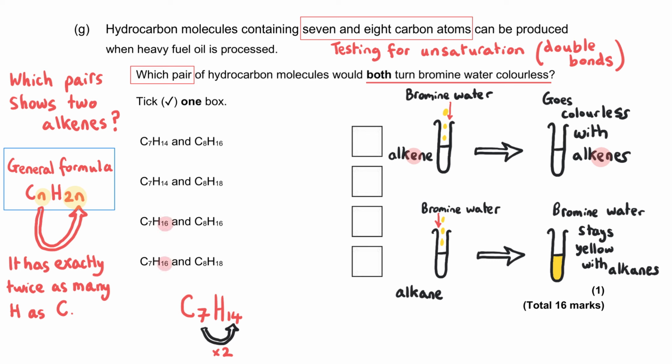That allows us to rule out the bottom 2, because C7H16 is an alkane's general formula, not an alkene. For the hydrocarbon with 8 carbon atoms, doubling 8 gets us 16. So our top answer is correct, and the second one down is incorrect because C8H18 is an alkane again. The top answer is correct because we have got 2 alkenes.